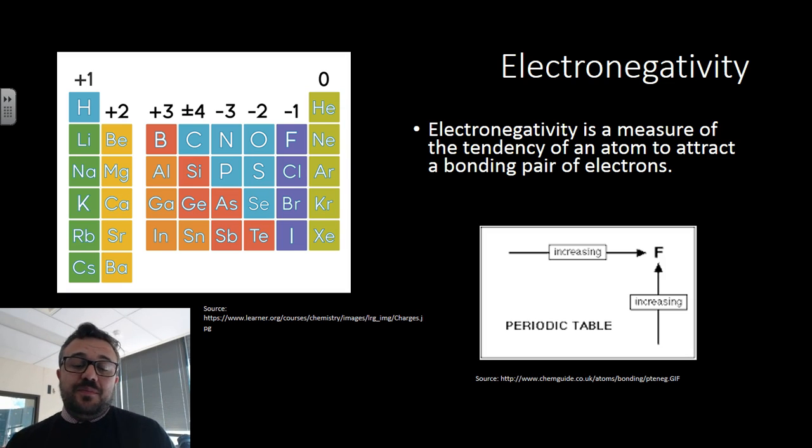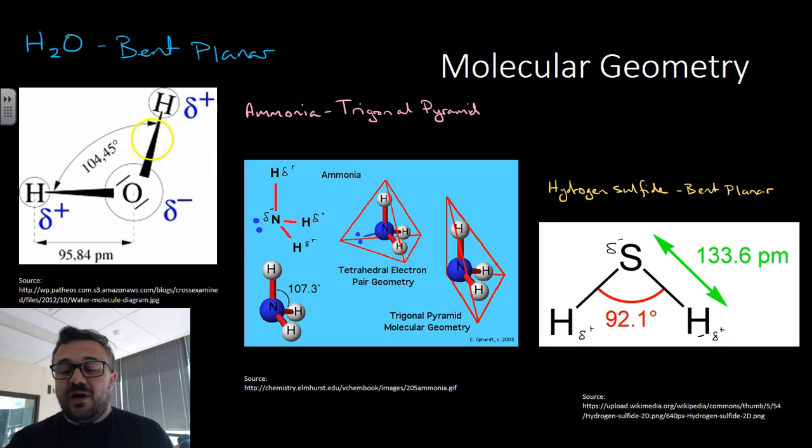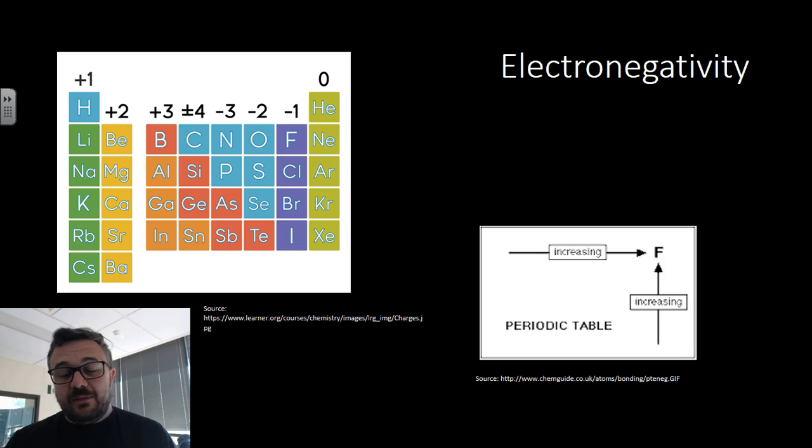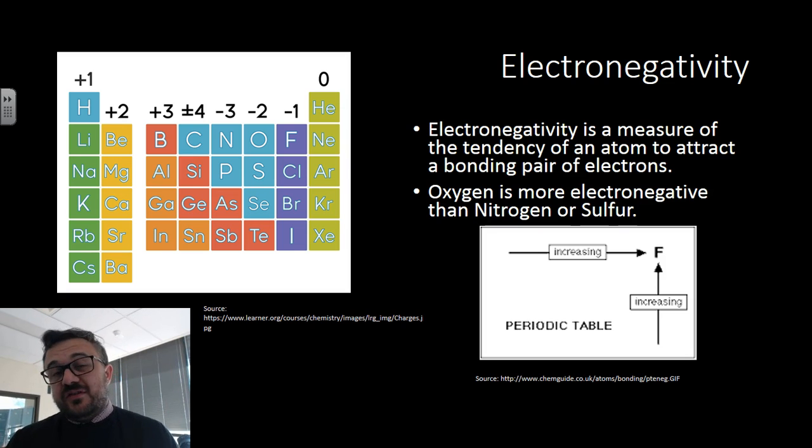So if we go back, that's why we see the sulfur doesn't pull the hydrogen as close as the oxygen does, because the oxygen is more electronegative, and the distance is similar between these two. So between the hydrogens and nitrogens and the hydrogens and sulfurs, the distance is roughly the same. Anyway, oxygen is more electronegative than sulfur, and that's why it's pulled in tighter.